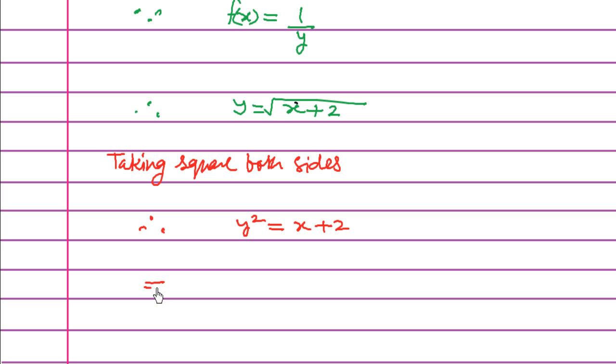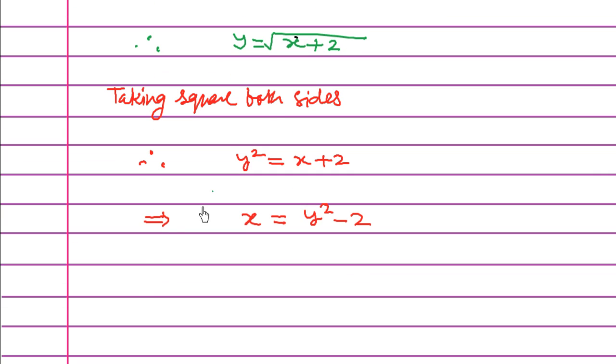So this implies x is equal to y square minus 2, and we know that x is greater than minus 2.